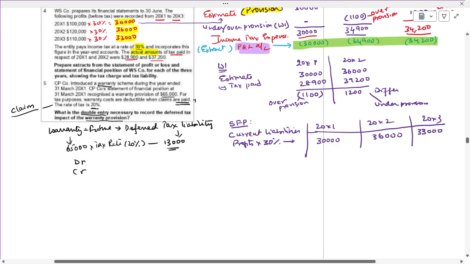Now you have to create the warranty provision. Understand? When you are creating a warranty provision, you are creating an asset. It's not a liability. Understand the point? You are creating a provision. If it is paid, definitely then it will be an expense.